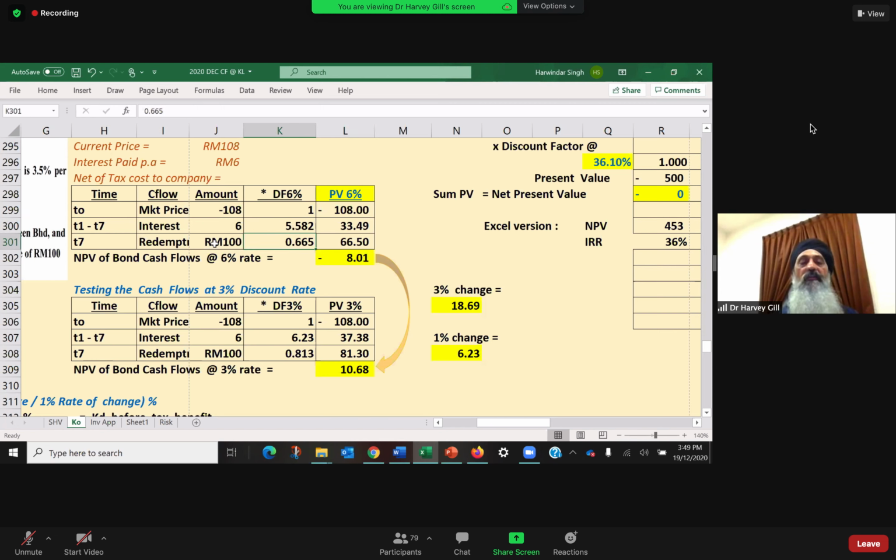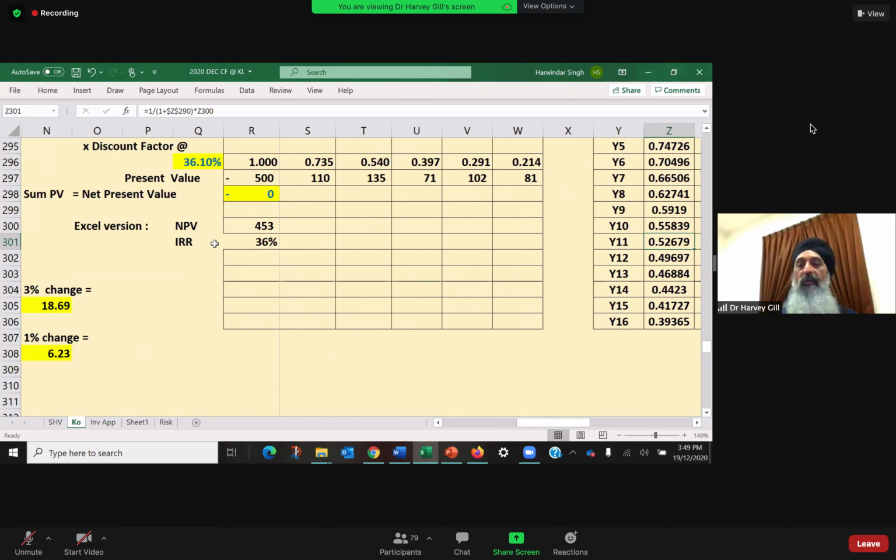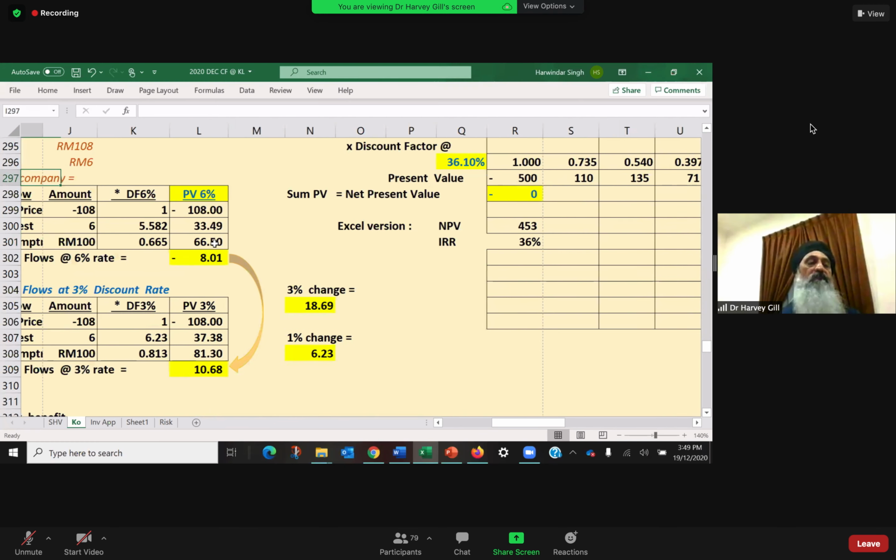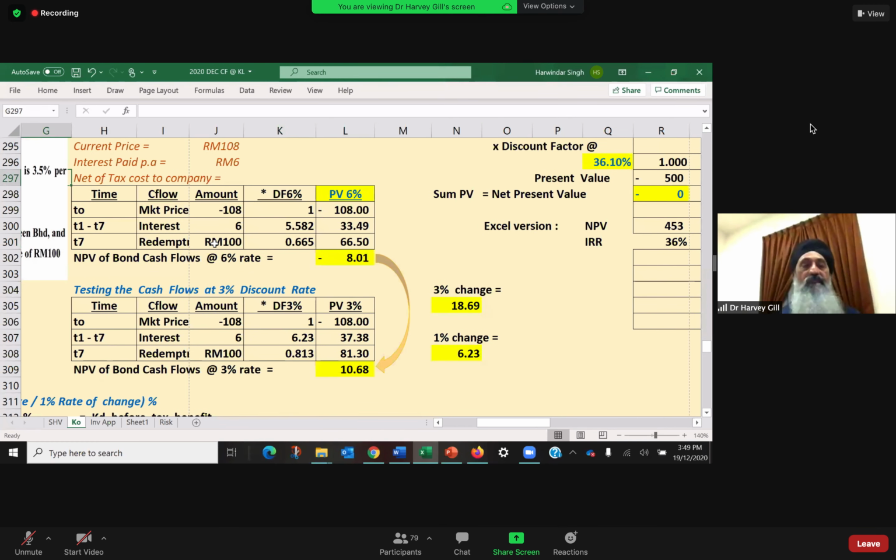So for that you need a discount factor of 0.665, and again if I just show you what I've done here, year 7 0.665, yeah, that is following the discount rate formula. Yeah, so if you want to generate your factors, you can use this Excel worksheet to do it, or you can look at a table. Tables are available in your notes, and they are available on Excel on Google. Yeah.